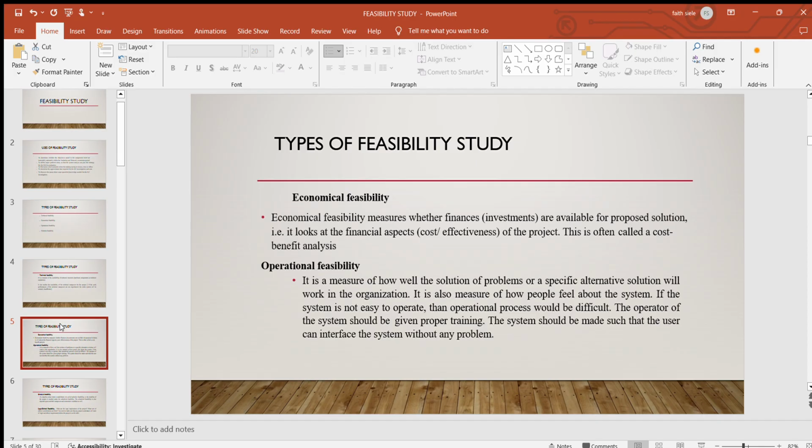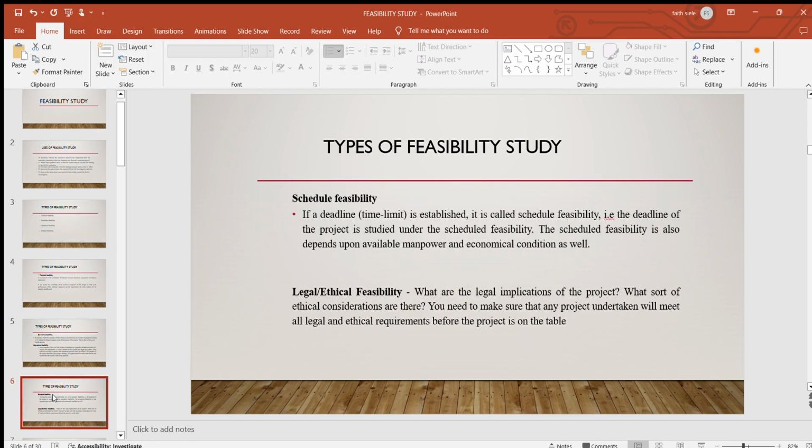For example, we might have a company which is implementing a new time tracking system, which will need, let's say, to ensure that it integrates seamlessly with the existing payroll processes, and that, let's say, the employees are willing to use it accurately. So that is under operational feasibility.